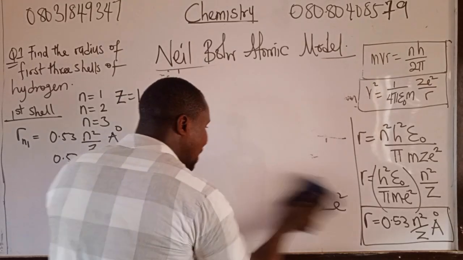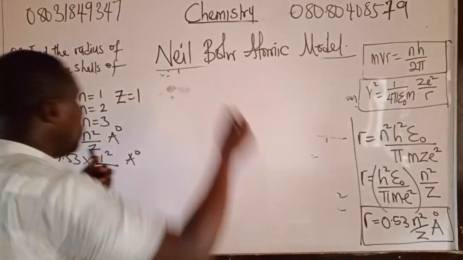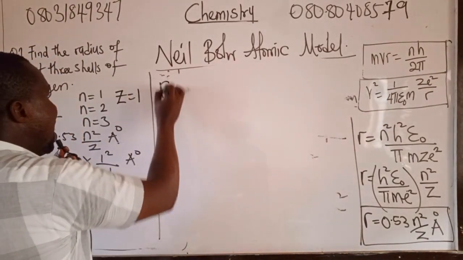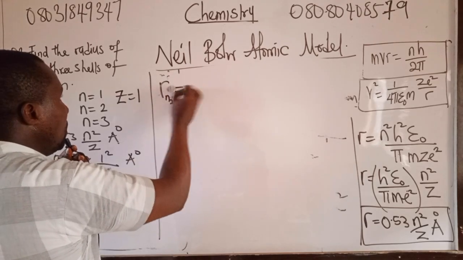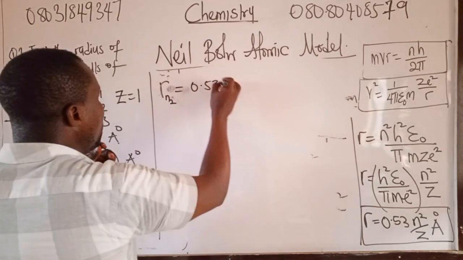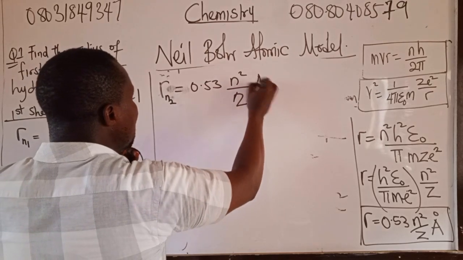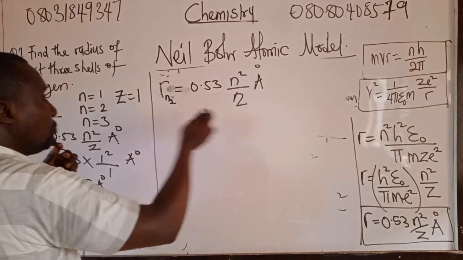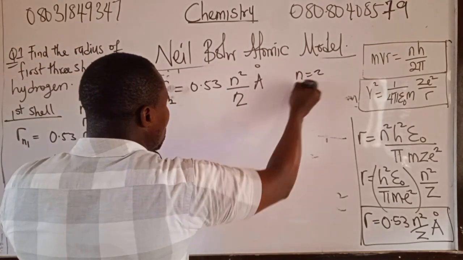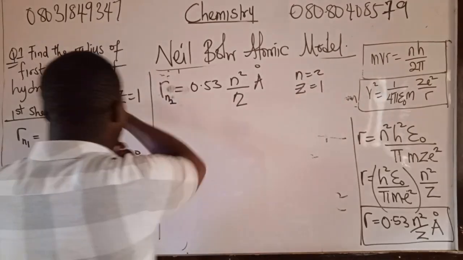Let's look at the second shell of hydrogen, that is when n equals 2. The formula for the radius of the second shell is 0.53 n squared over Z Angstrom. Z is still 1 because it's a hydrogen atom.